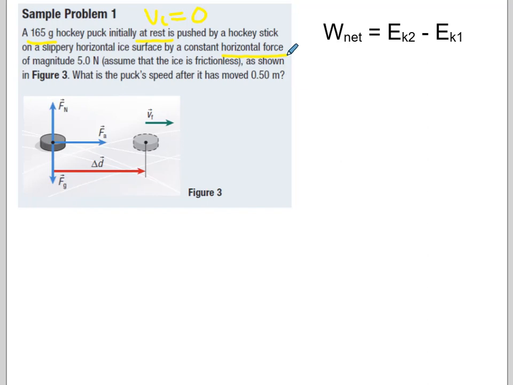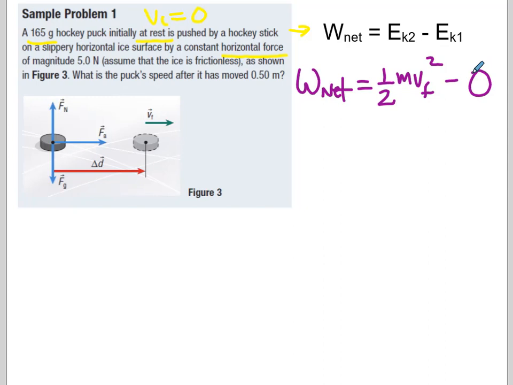So there's a horizontal force of 5 newtons. Okay, and we're going to assume the ice is frictionless. We'll deal with that stuff later on. Okay, what is the puck speed after it has moved 0.5 meters? So if we start with this expression right here, we can fill in some pieces. So the net work done will be 1/2 mass, V final squared minus 0.